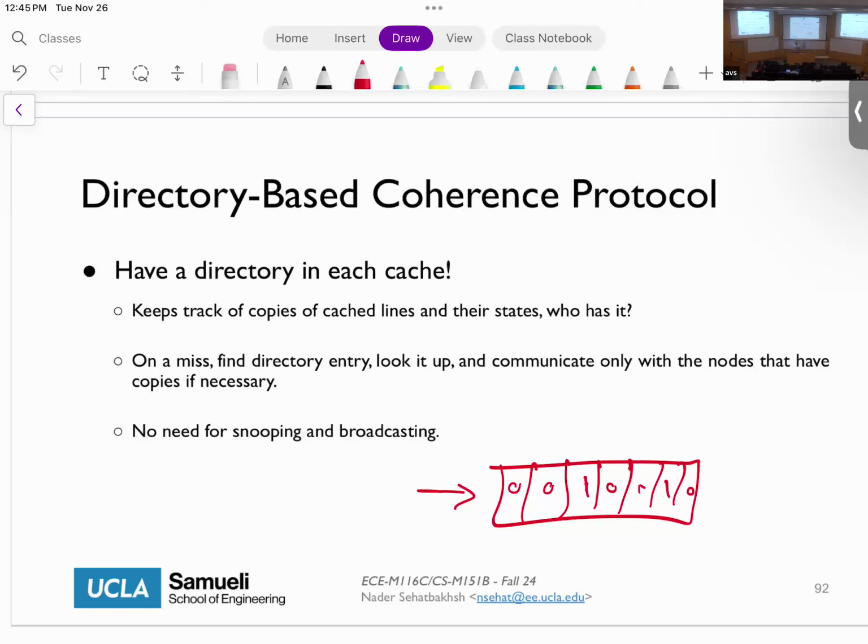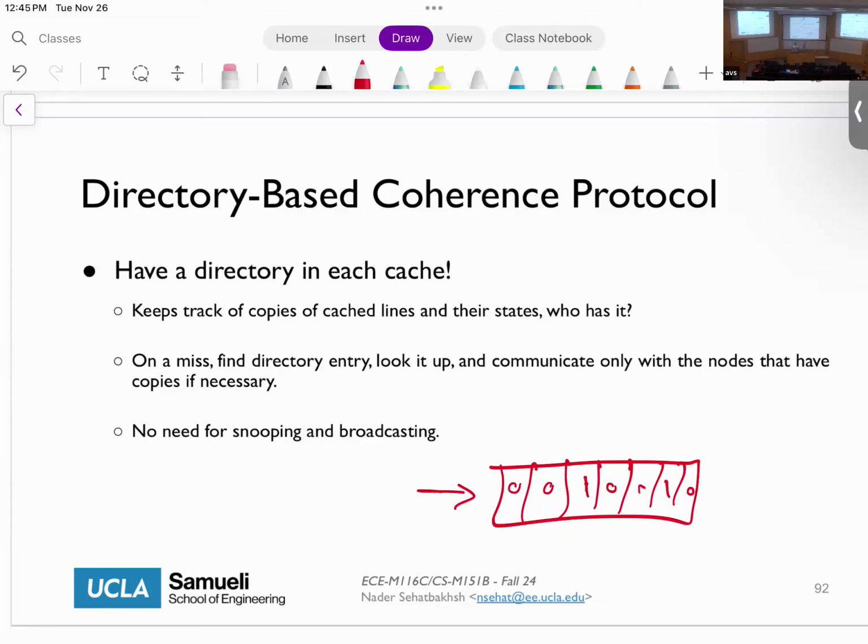So essentially every access needs to go to the memory and come back. It's a little bit slow, and it also requires more space in the memory. But no broadcasting is necessary, no snooping is necessary. Communication is only to the memory and back. There's no need for communication between them, and so on and so forth.